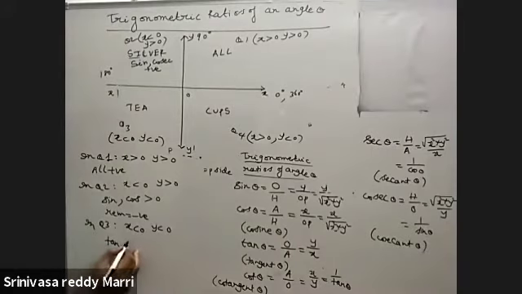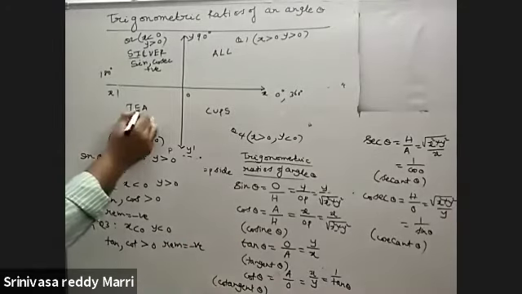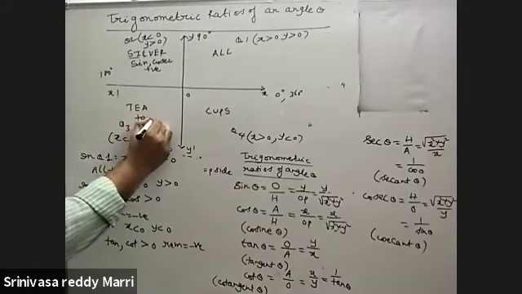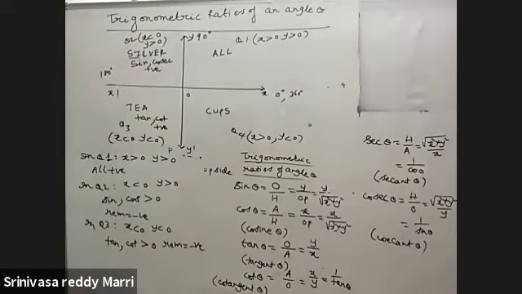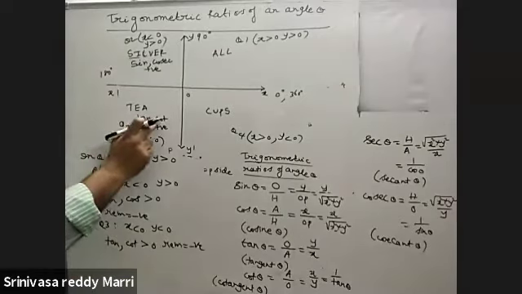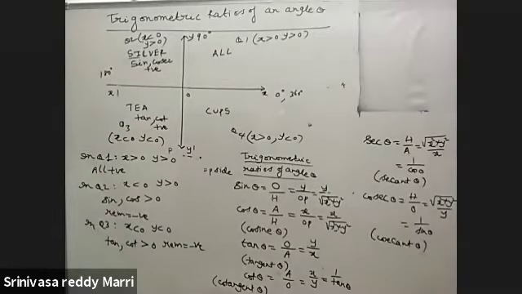Only tan, cot positive, remaining negative. That means here T indicates that tan and its reciprocal positive.